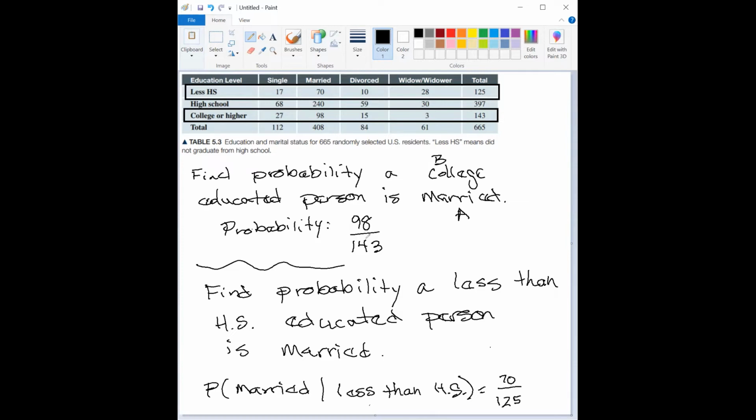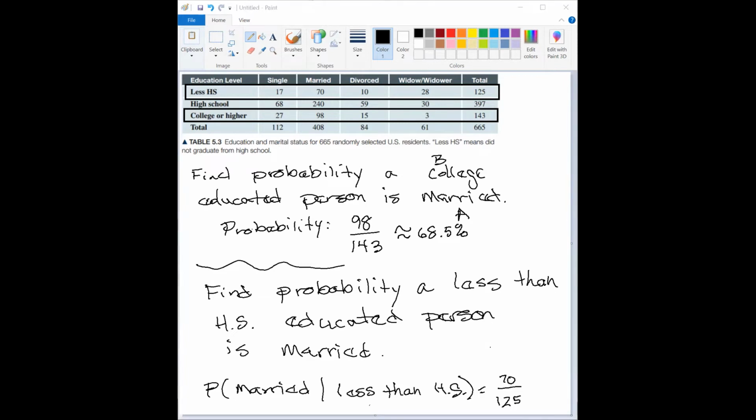And because my introduction requires it for the next problem, we want to compare these. Are these the same or are they different? The way that we can compare them, you could break out a calculator and divide 98 by 143. When you do it, you get about 0.685, which if we change to a percent is about 68.5%.